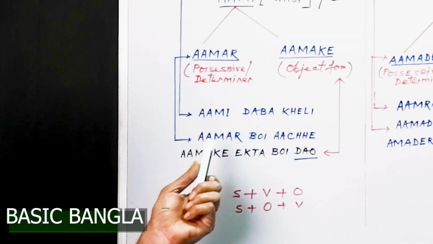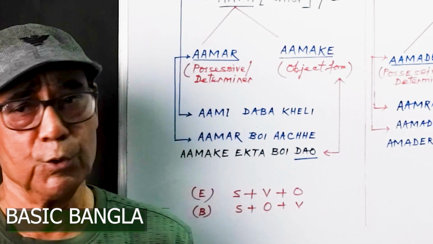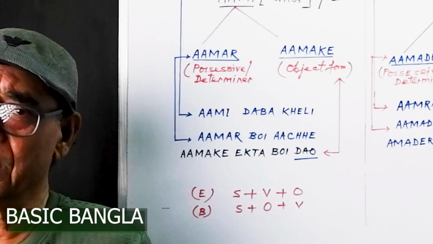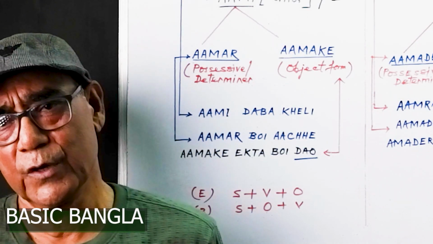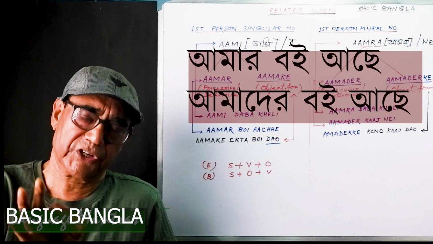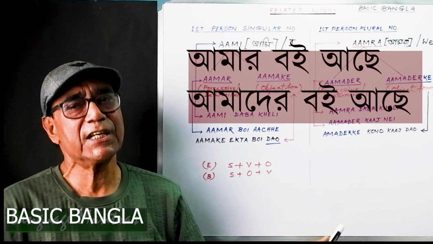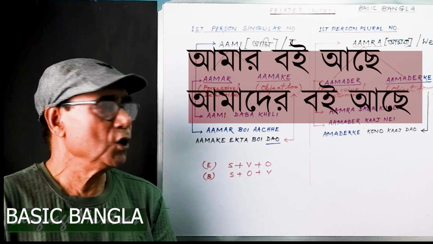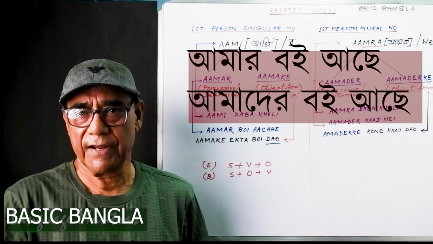Now come to the second Aamar. Aamar boy, my book, no problem. Aamar bari, my house, no problem. But there is slightly difficult area. In English, when I say Aamar ekta boi ache, it becomes I have a book. I have a book, or we have books, right?